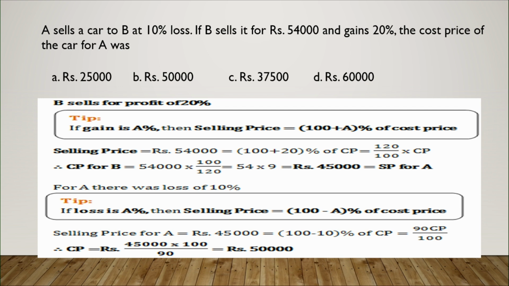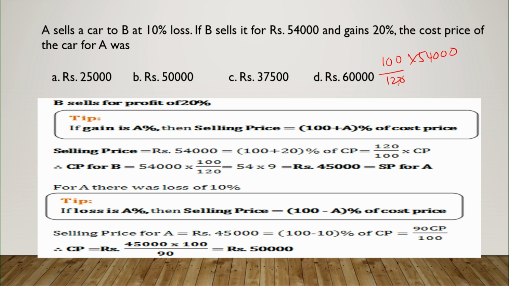B sells it for 54,000 rupees and gains 20%. So the cost price of B is 100 by 120 into 54,000 rupees. Clear?